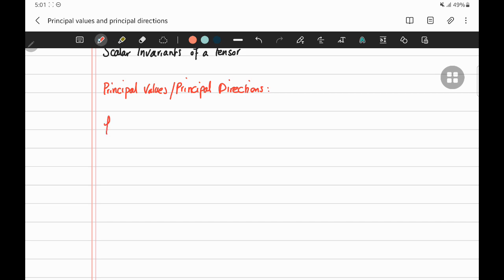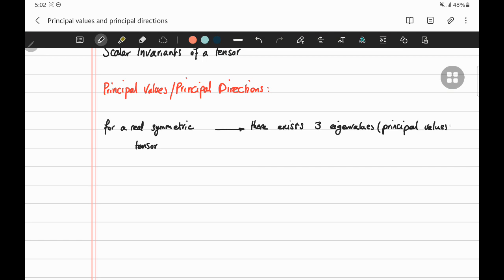So for a real symmetric tensor, something like the stress or strain tensor, there exist three eigenvalues, or we call them principal values. We already discussed this in the previous video.